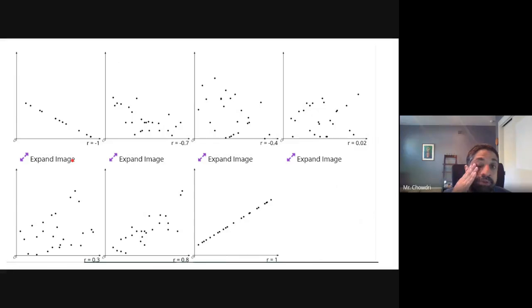And two, is the relationship really strong and close to a line, or is it not really close to a linear relationship? And so in this case, you can see the dots here, is this a positive or a negative relationship?